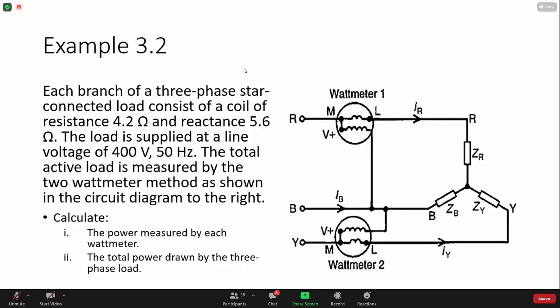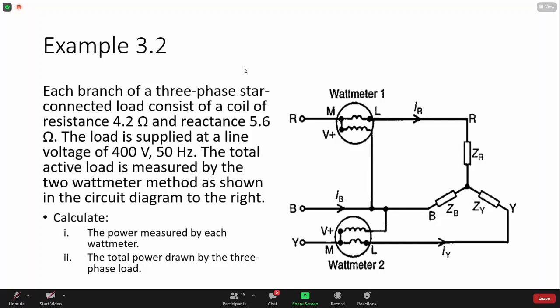Good. So find the phase currents. Right, you need to find the phase currents, good. And then?